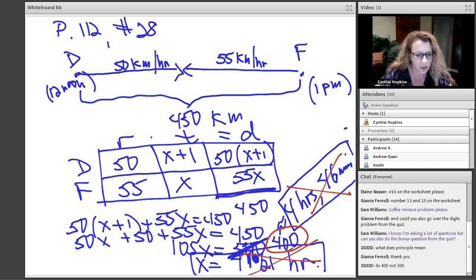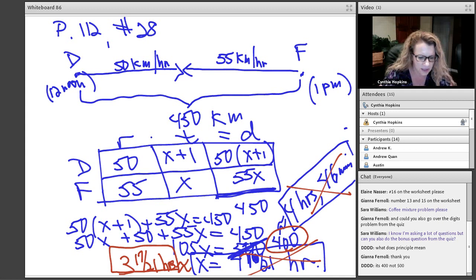So when I divide those, I get that x is approximately 3.8. I'm going to write that. Let me subtract my 3 and change that to a fraction. It's 3 and 17 over 21. It's not a prettier number, but it is correct. So 3 and 17 over 21 hours.